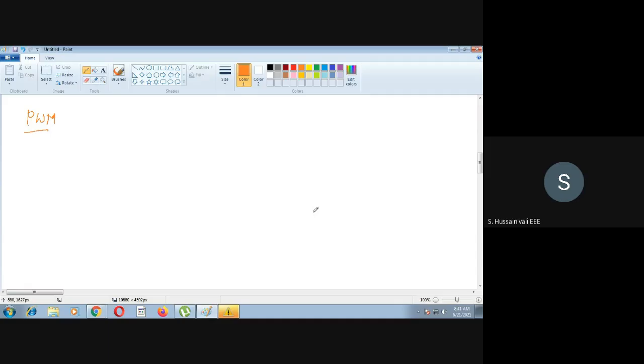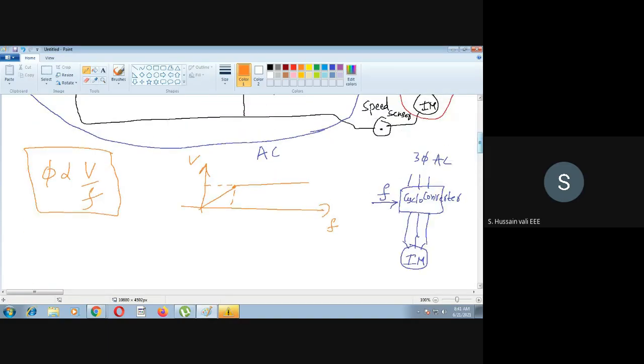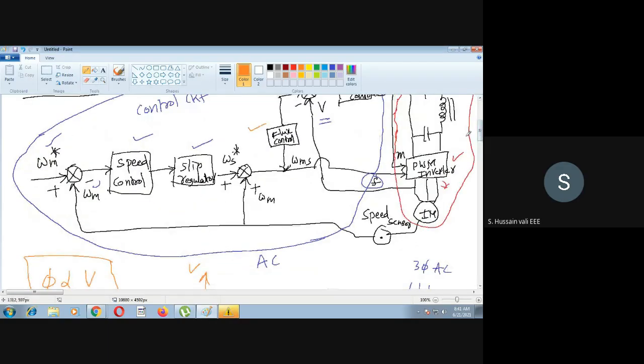I want to tell you one thing. In the previous block diagram, there is one M. What is this M here? M is the modulation index, which I defined last class.